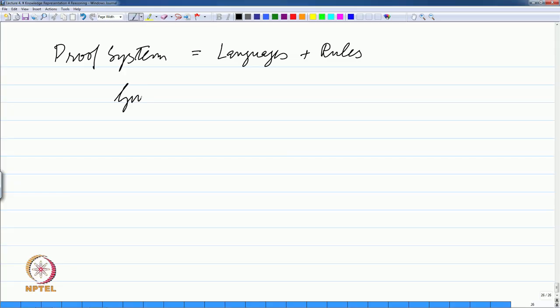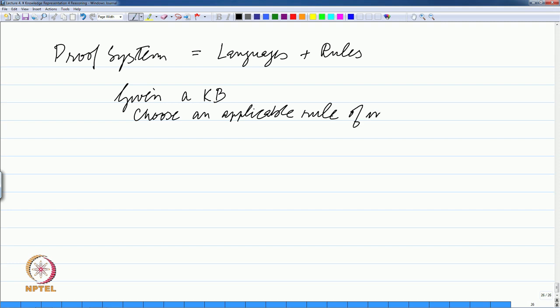So, given a KB, choose an applicable rule. Let me just write rule of inference, because I just said that a rule of substitution can be broken down into two rules of inference anyway, with matching data.